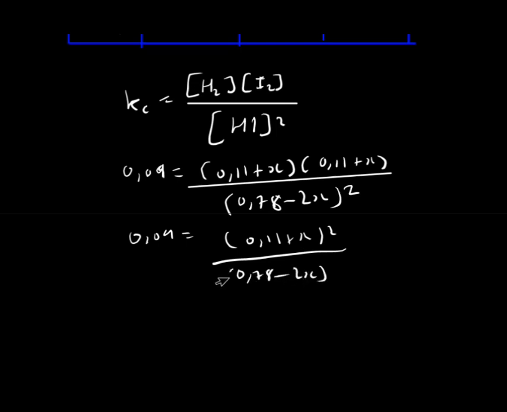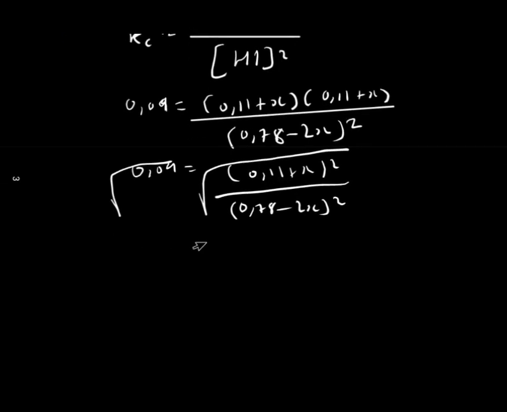I just want to show you the advantage of doing this. Notice that this is squared and this is squared, so you can remove it by square rooting both sides, because this thing squared and this thing squared is the same as everything squared. So then you'll end up having 0.09 is equal to 0.11 plus x, and then you're going to have 0.78.